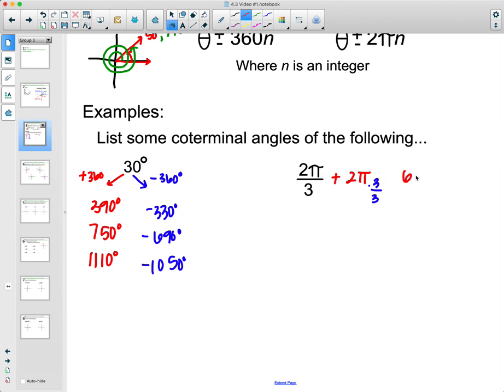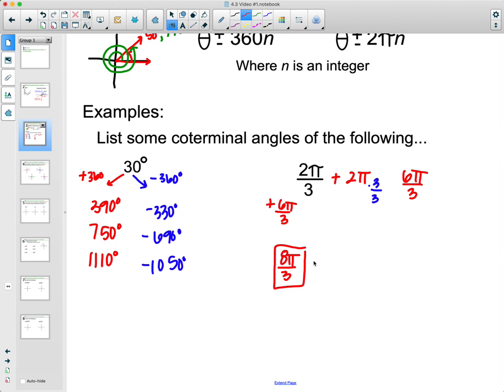So we're going to add 6 pi over 3, which 6 divided by 3 is 2, right? So this is really 2 pi, but we're going to be adding 6 pi over 3 so that we have common denominators. So I'm going to add the tops. So that's going to be 8 pi over 3 would be a coterminal angle. Add 6 pi over 3 again.